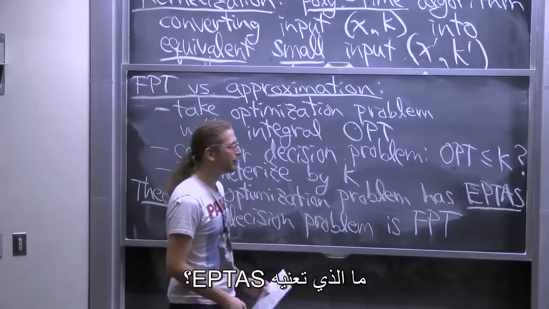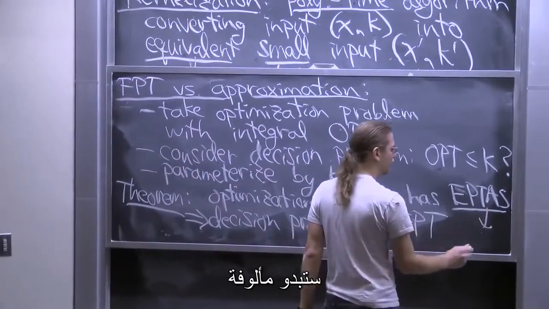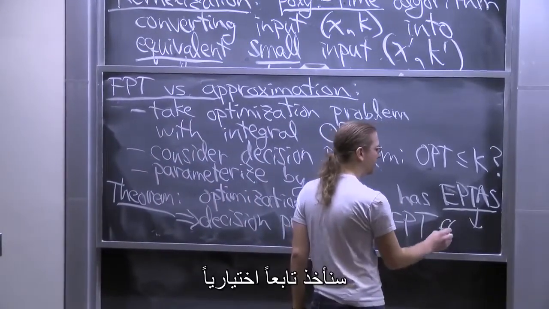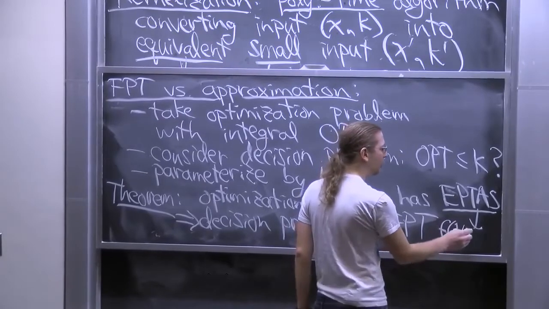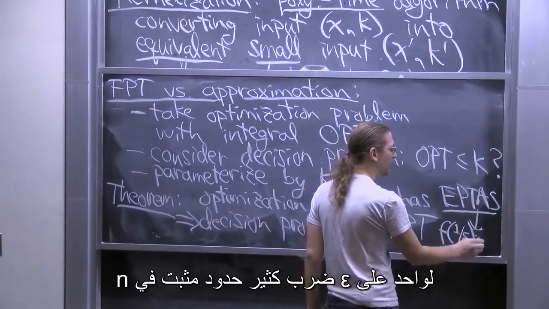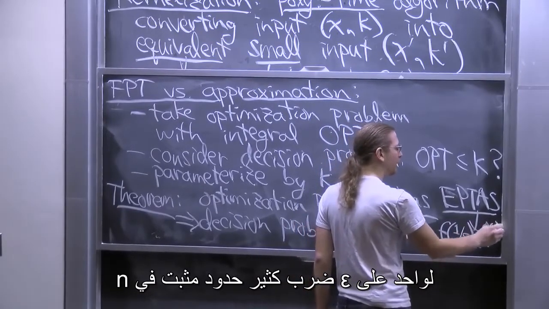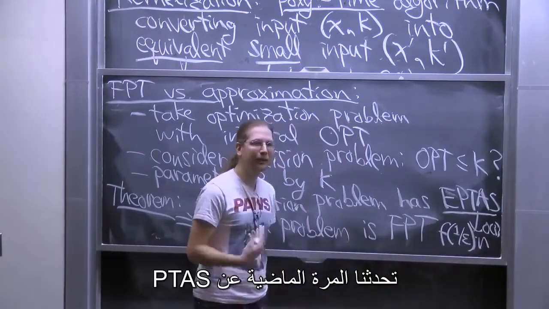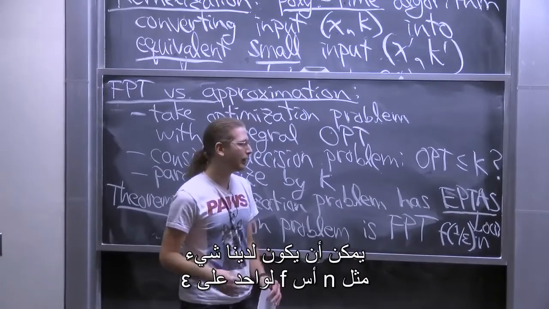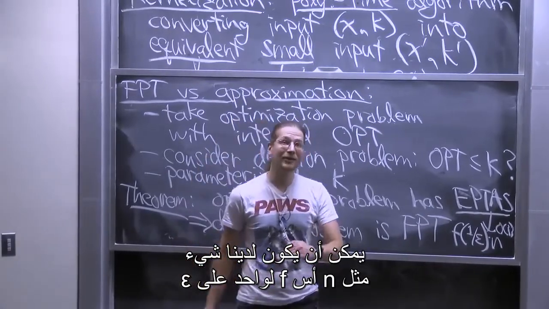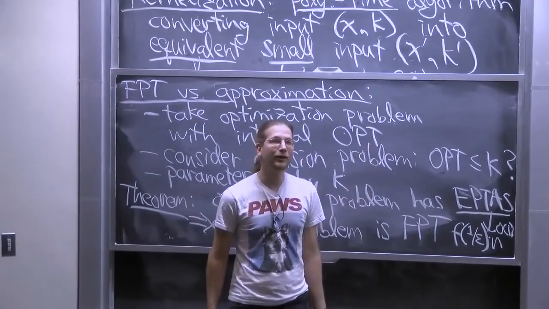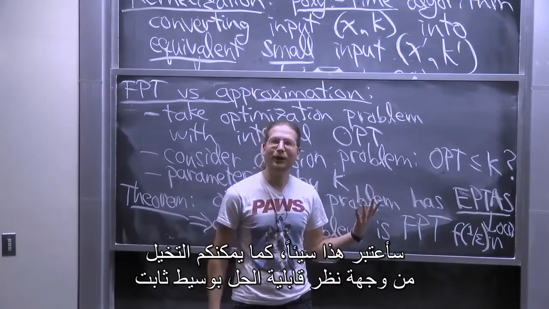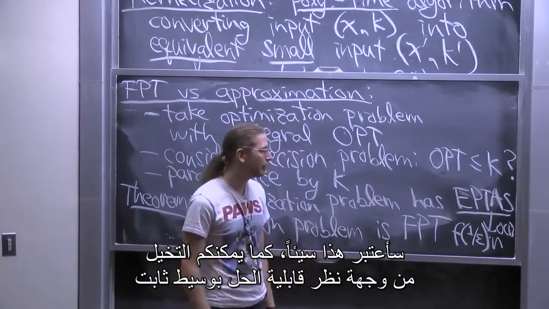Okay, so what does EPTAS mean? It's going to look familiar. We're going to take an arbitrary function of 1 over epsilon times a fixed polynomial in n. So last time we talked about PTAS, where you could have something like n to the f of 1 over epsilon. I'm going to consider that bad, as you might imagine, from a fixed parameter tractability perspective.